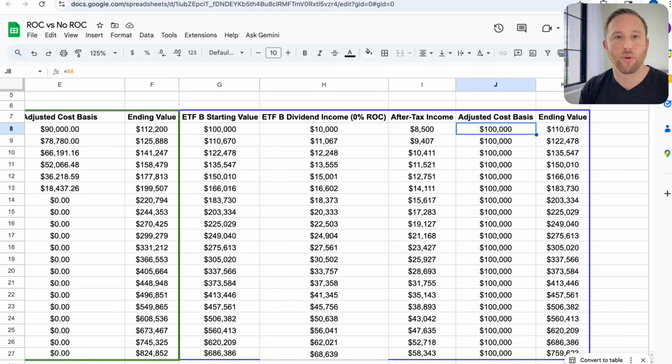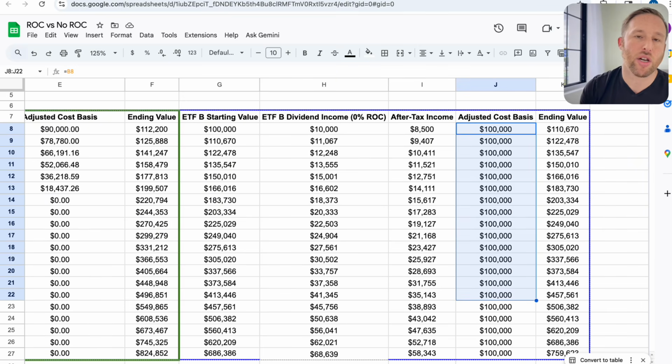Now, your cost basis will always stay the same at 100K. Of course, it will go up a bit when you drip, but we're not going to get into that today. Maybe we'll do another edit in the future to look at cost basis when we include dripping. Today I just wanted to simplify it.